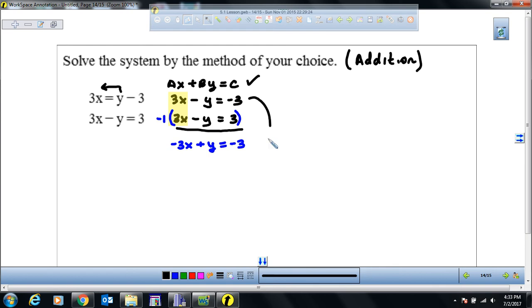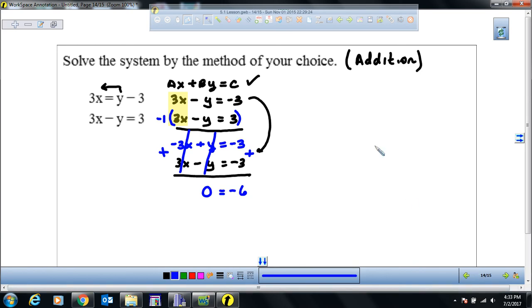And then we're supposed to add it to the first equation, which is 3x minus y equals negative 3. So if I add them, what happens? Both the x and the y cancel, and that leaves me with 0 on the left side, equals negative 3 plus negative 3, which is negative 6.